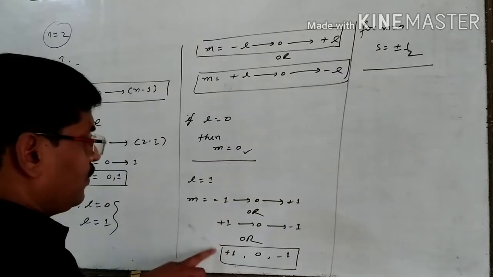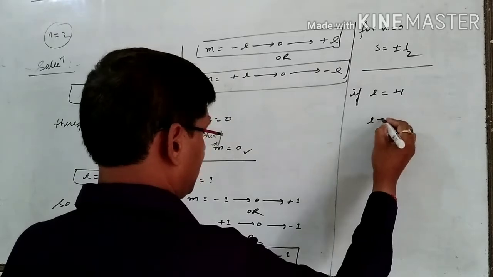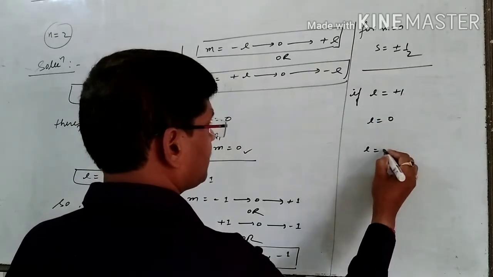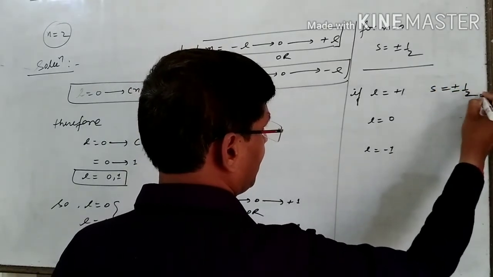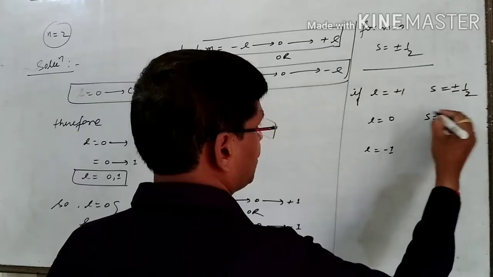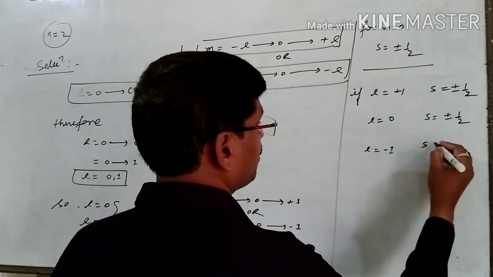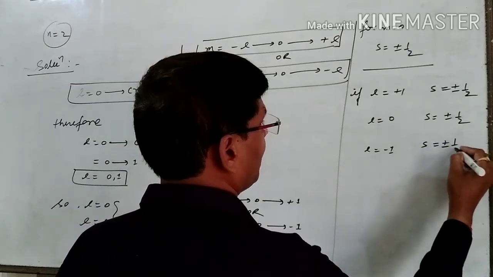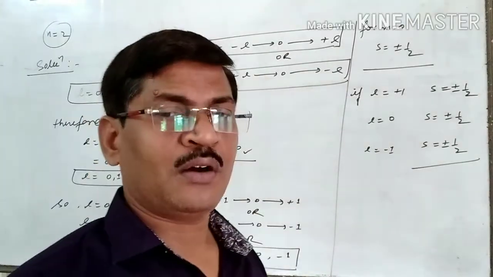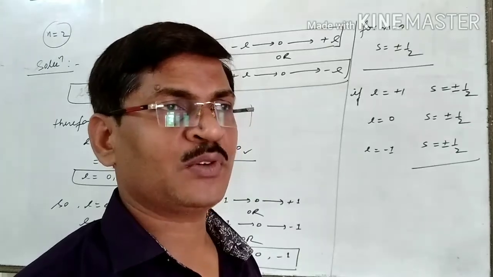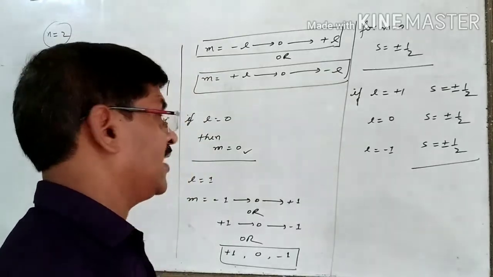After that, if m is plus 1, m is 0, m is minus 1, you can write for each s is equal to plus minus half. In this way you are seeing that all the possible quantum numbers of azimuthal, magnetic and spin quantum number I have found here.